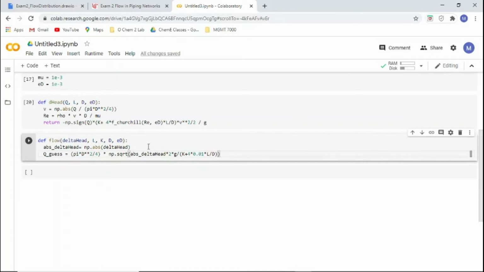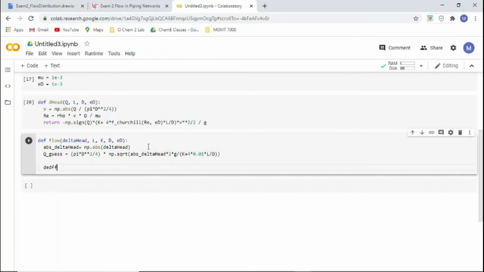So to do that, we need to define another function. So our flow to 0.